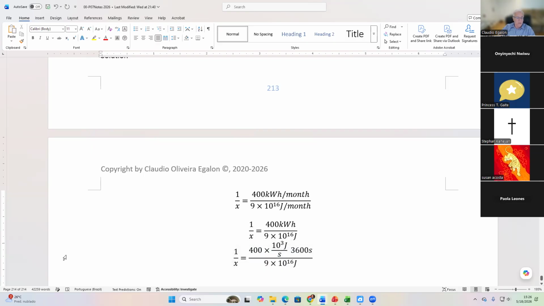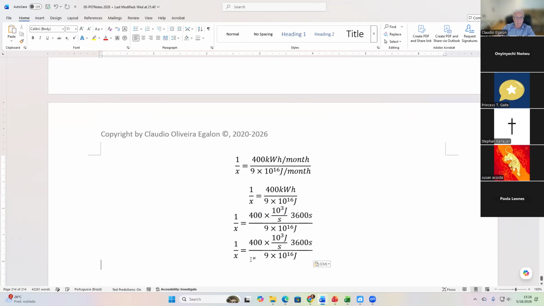Seconds cancel out with seconds, joules cancel out with joules, and we have 10 to the cube. And we have to solve for X. X is the number of houses that we power in a single month.